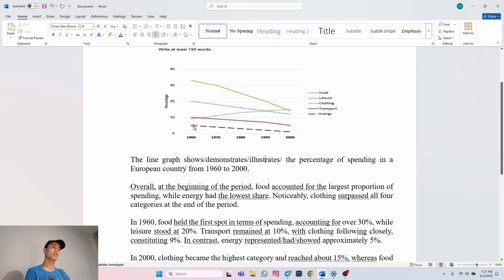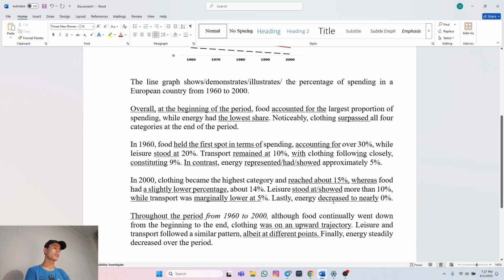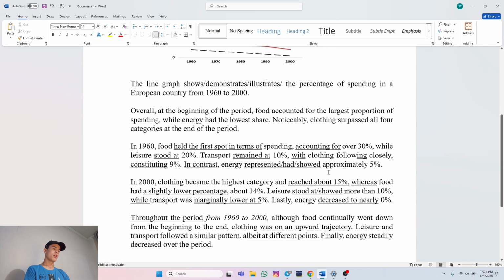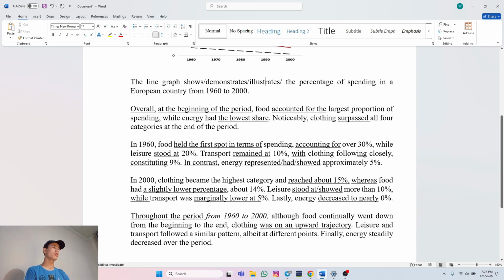It only decreased, did not have any fluctuations, did not go up or down. So it decreased to nearly 0%. This line means 0%, and it's very close to this line. You can use these words as well. These underlined words are very good.